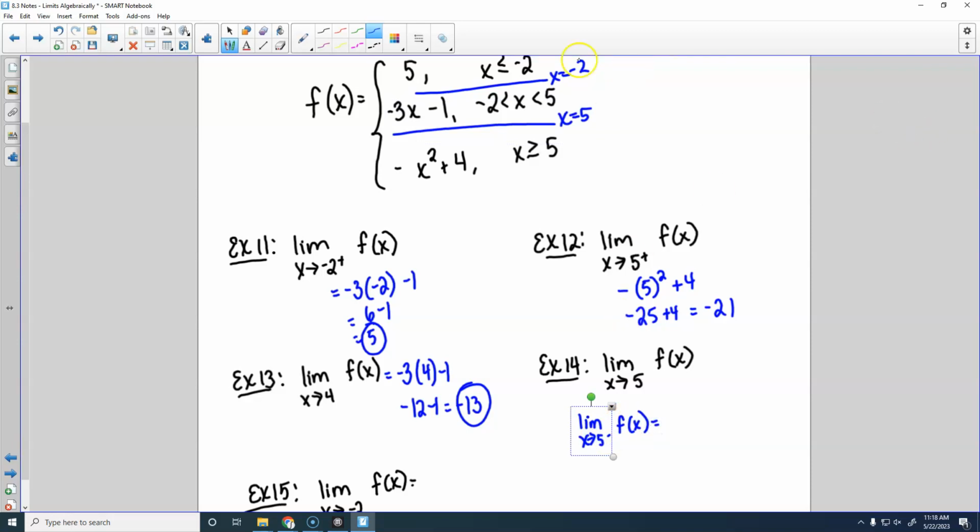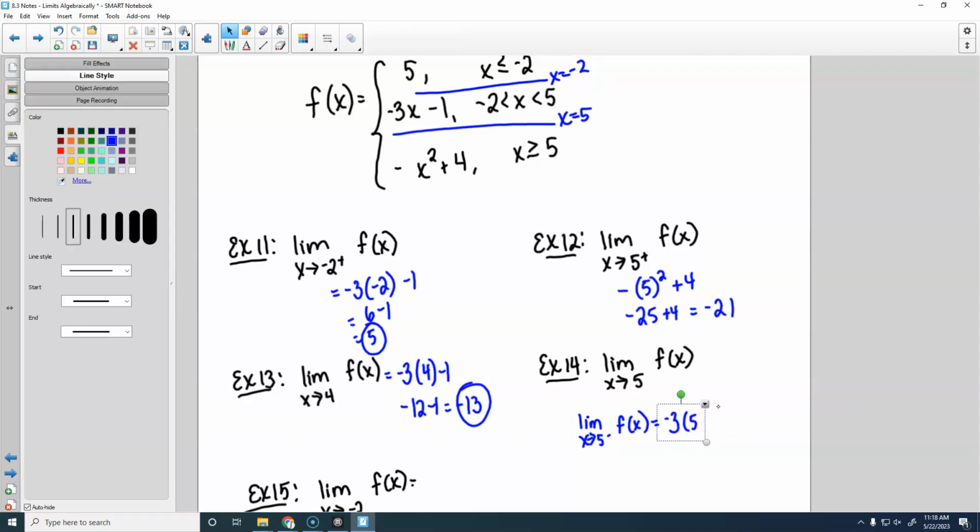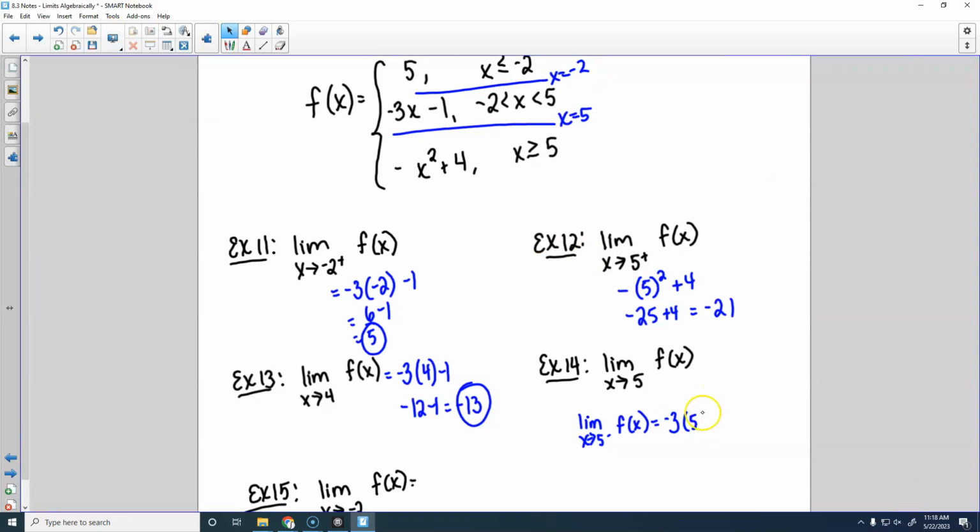Okay, so x approaching 5 from the left, which function should I use here, top, middle, or bottom? Middle. So I'm going to have negative 3 times 5 minus 1.